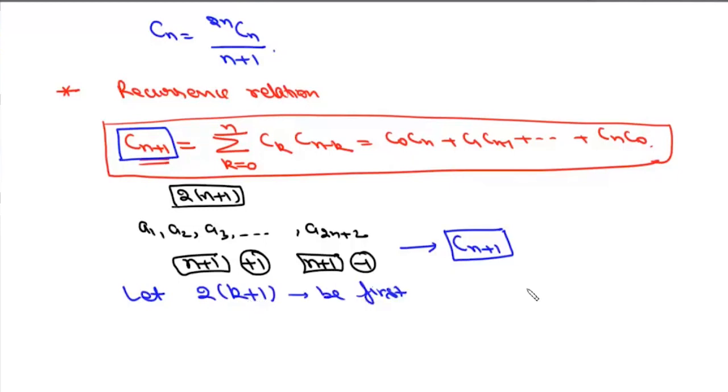Now what we'll assume is, let a(2k+2) be the first term in the sequence where the sum of the partial sequence a1 plus a2 plus a3 up to a(2k+2) is 0 for the first time.